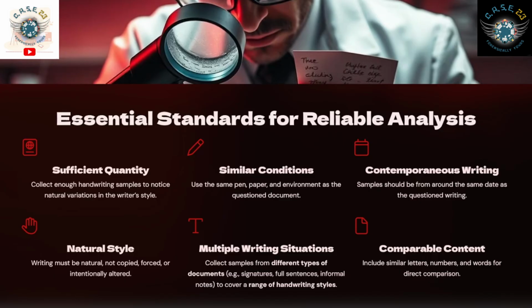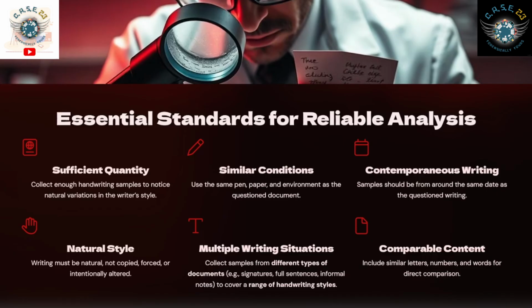Then the sixth point is comparable content. Finally, the samples should include similar letters, words, or numbers as the question document. If the question document contains a range of numbers and the exemplar contains words, it is of no use. So, similar content should be written.